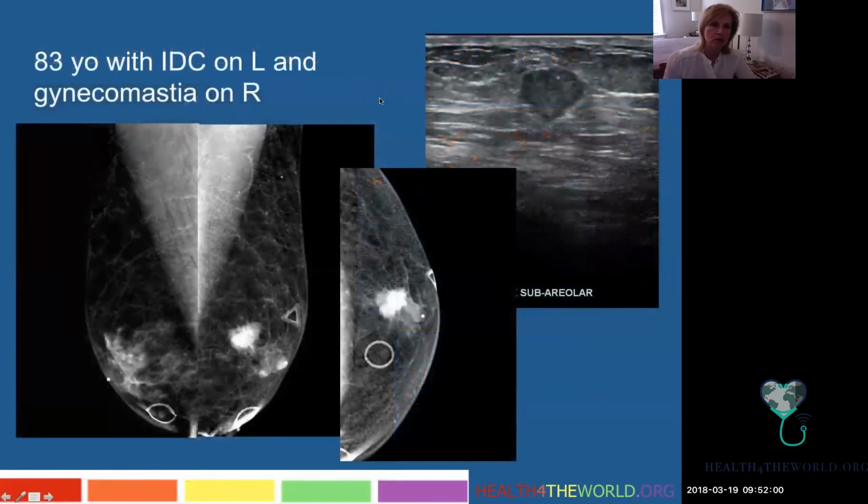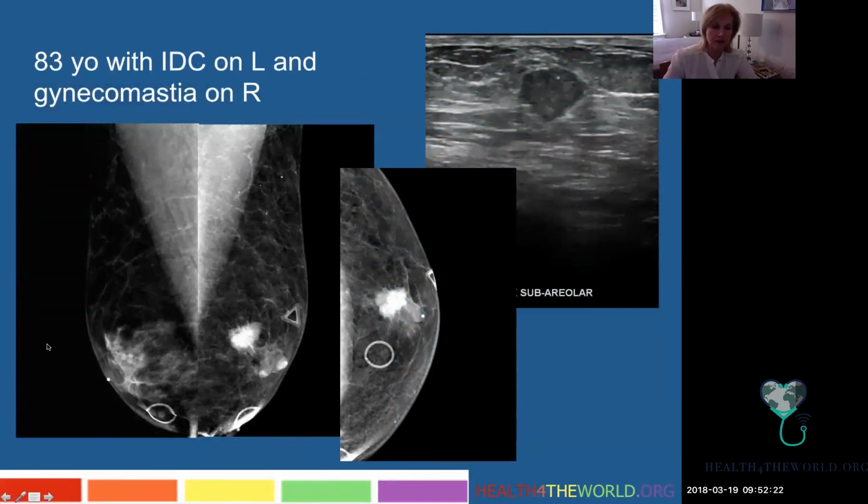Here is an older gentleman, an 83-year-old, who has invasive ductal carcinoma on the left and fairly marked gynecomastia on the right. But his palpable mass was not on the right, even though the finding here is larger, but on the left, because it's a smaller but harder mass and doesn't feel like breast tissue.